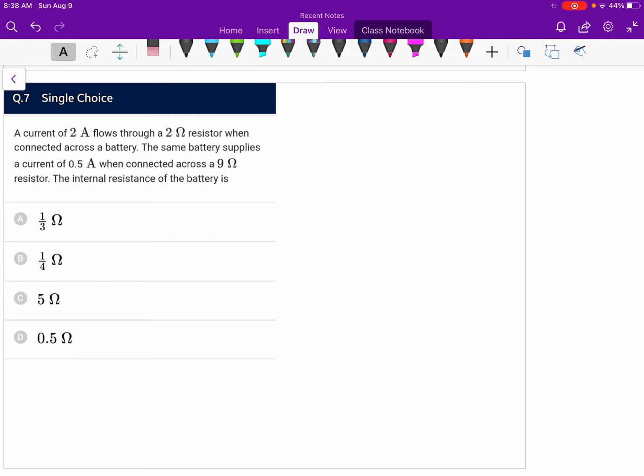A current of 2 ampere flows through a 2 ohm resistor when connected across a battery. The same battery supplies... So let's say the battery has internal resistance small r and EMF E. In the first case, E equals 2 into this. See, E is I into small r plus capital R. So E is 2 into 2 plus small r, and in the second case, this is equal to 0.5 into 9 plus small r.